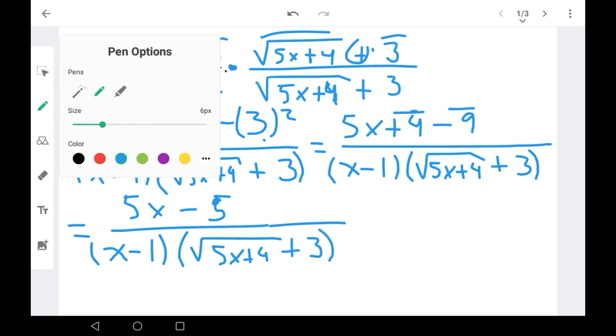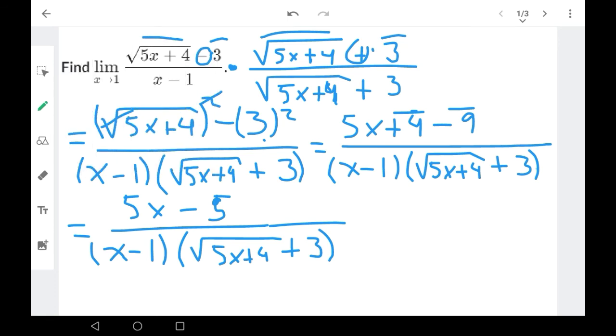But now, what is interesting here is that this expression that I have here, now I can factor, because both numbers have the 5 in common. So I can factor the 5 here. So that would give me 5 times x minus 1, because 5 times x will give me 5x here, and 5 times negative 1 will give me negative 5. Now I have the same expression as I have here on the denominator, right?